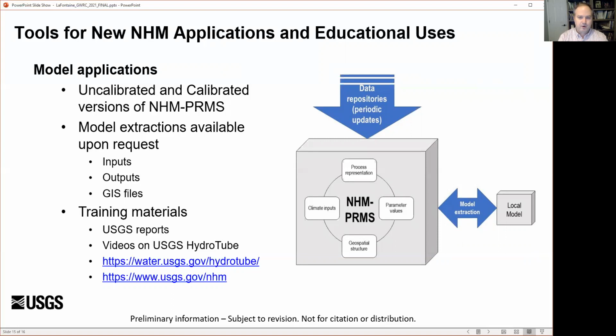So from the NHM infrastructure and the applications that have been developed, you can get a cutout from the NHM for a particular watershed of interest that includes the model inputs to run the model, outputs from simulations that we've previously done, as well as the accompanying GIS shapefiles of the model units to then look at post-processing or other analyses. Also, we have some training materials.